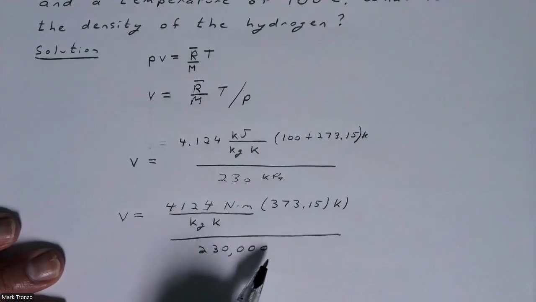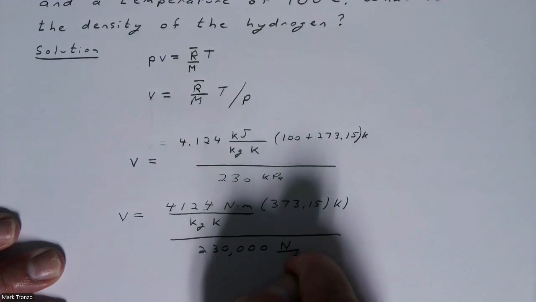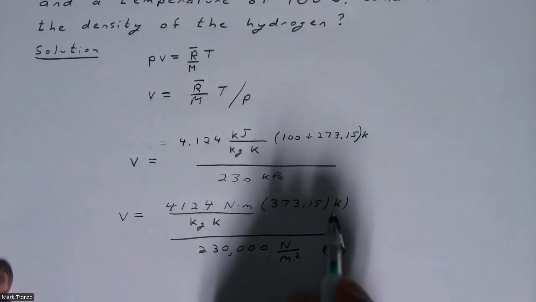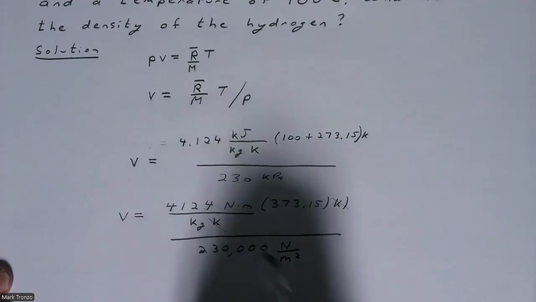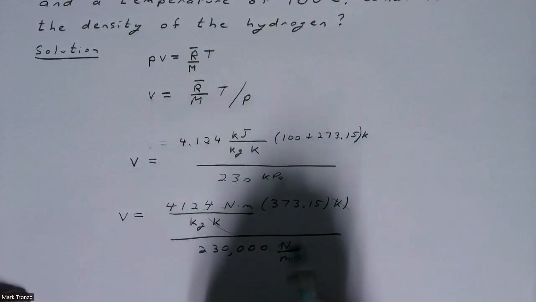And again, a pascal, remember, is a Newton per meter squared. So we'll see how our units are working out here. Again, we'll cancel our K. The newtons will cancel.